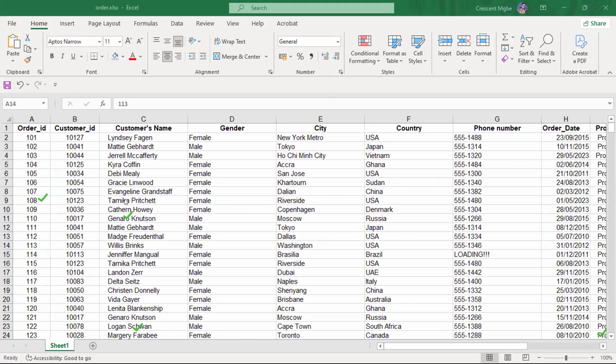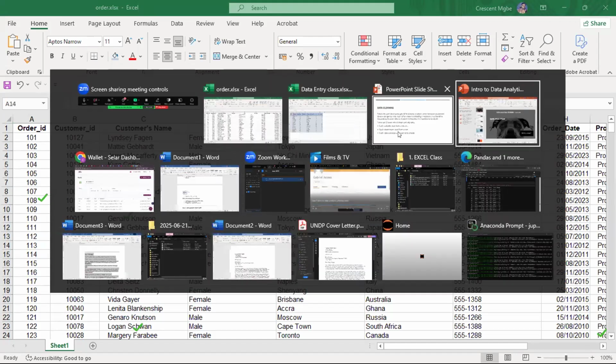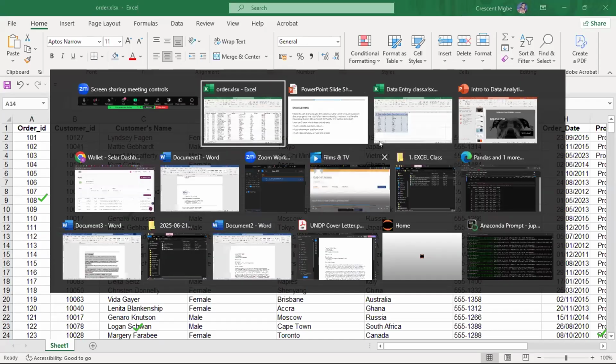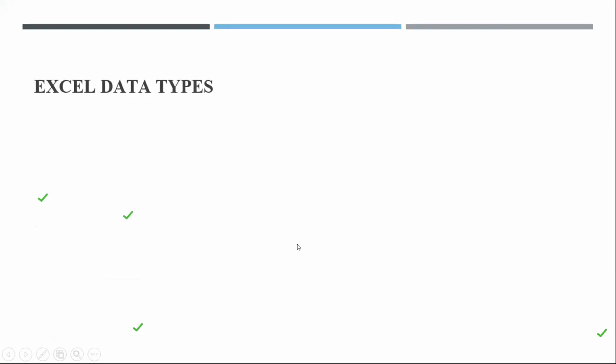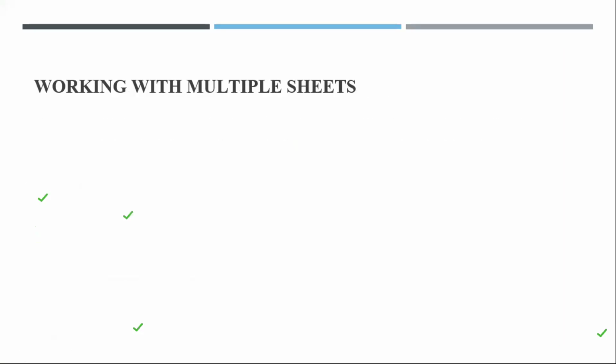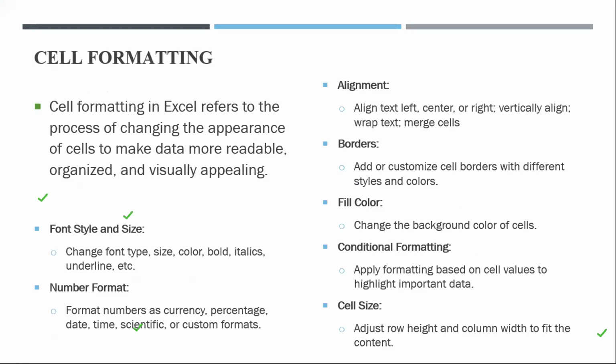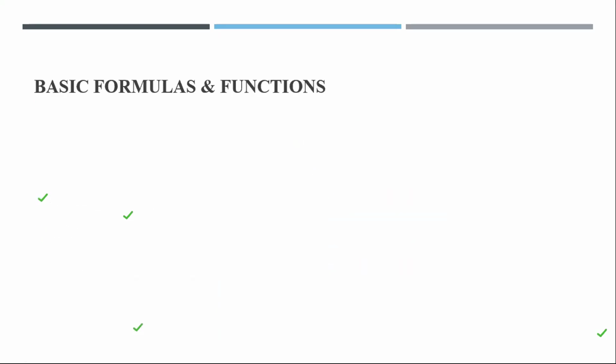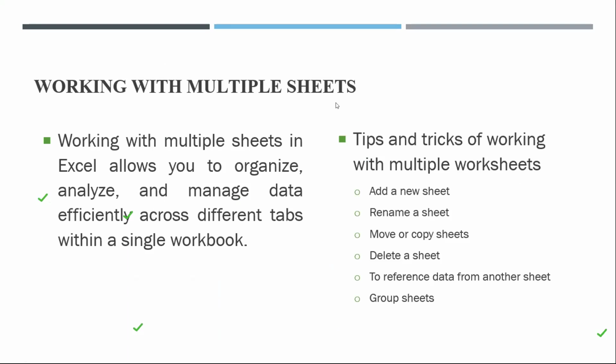So the third information says, but before I talk about that third one, let me teach you something else. Let me just quickly show you something you already know that is in our slide. I think it's in the last slide. It talks about working with multiple sheets.